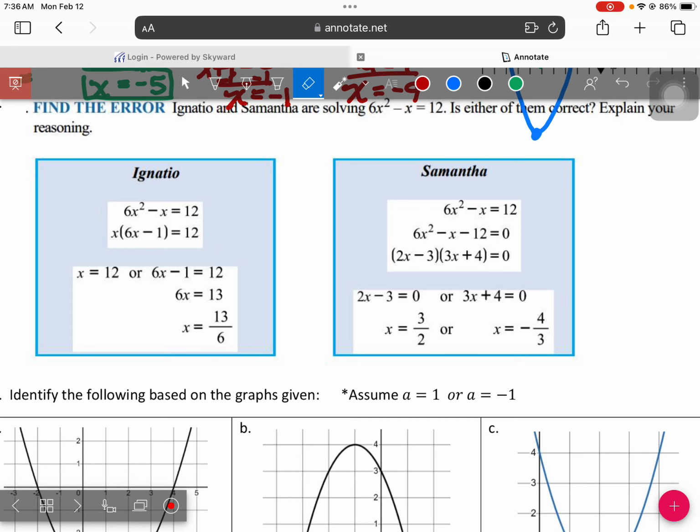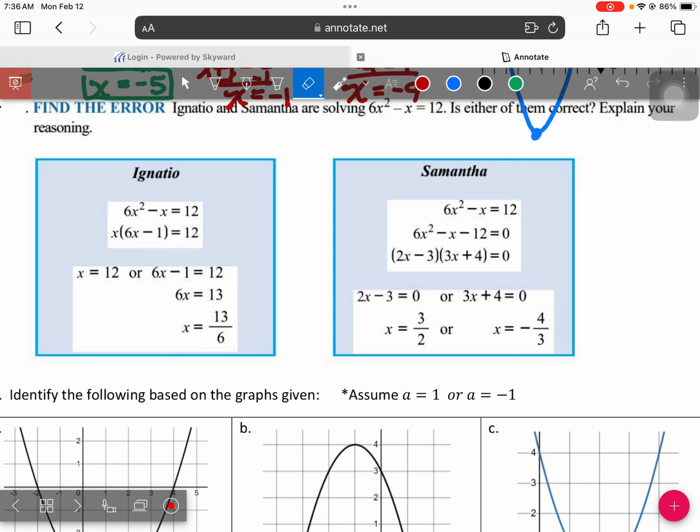Their first line is exactly the same. And the second line, Ignacio started factoring and has x times 6x minus 1 equals 12. Samantha moved the 12 over to the left side and set it equal to 0.